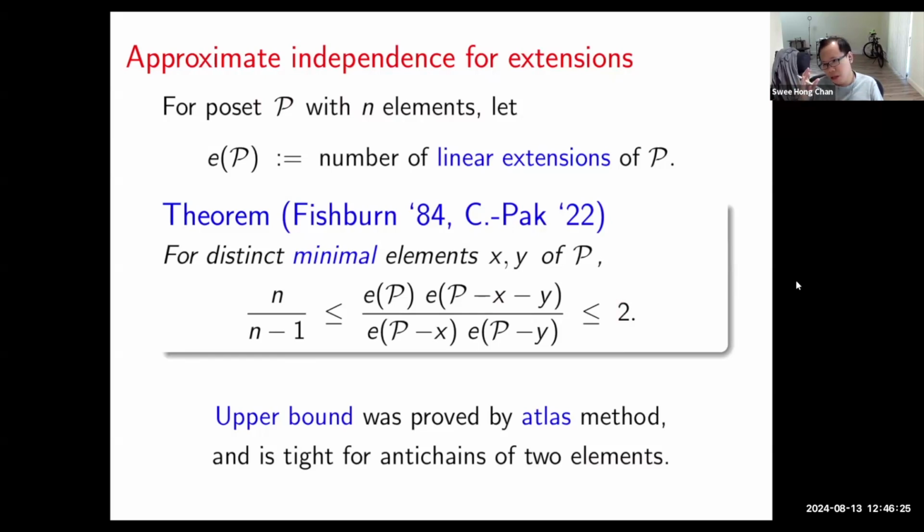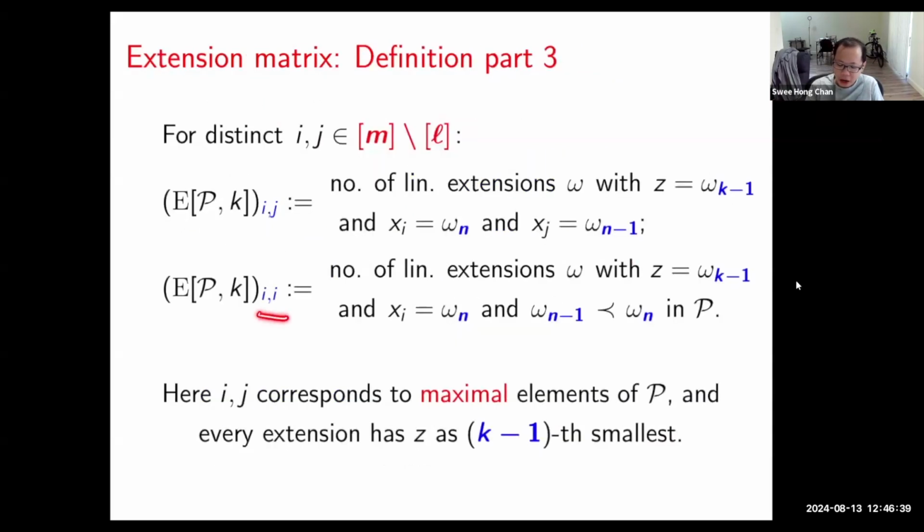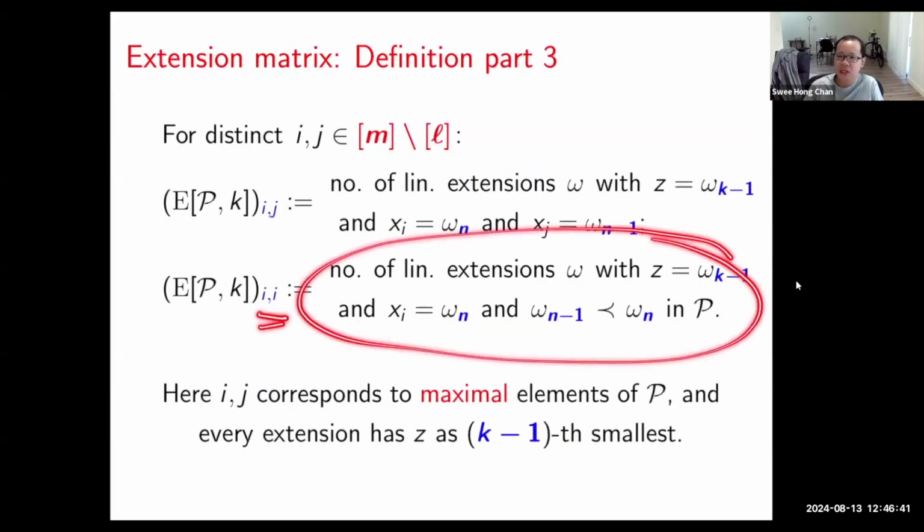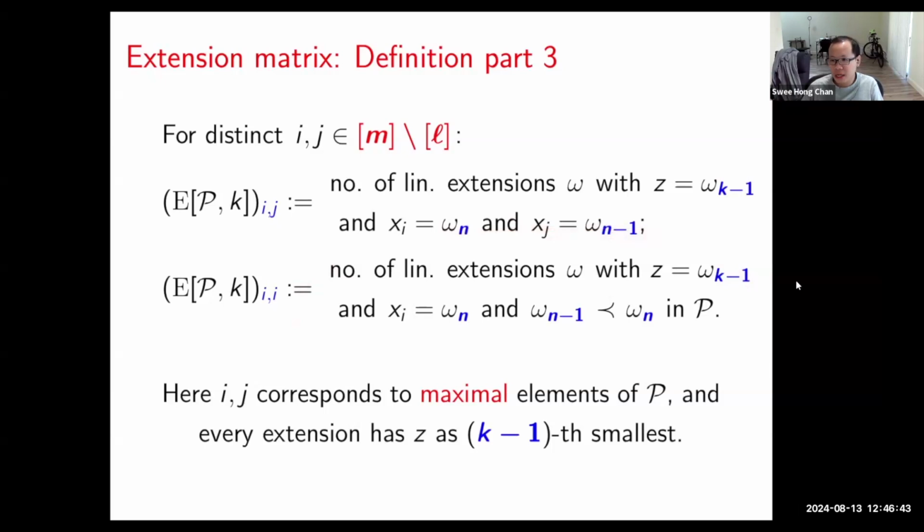And one of the technical reasons why that is the case is because of the definition of the extension matrix. If we go back to the extension matrix, you see that the diagonal entries are rarely zeros. While for the matroid case, if you remember from the previous classes, the diagonal entries are often 0.